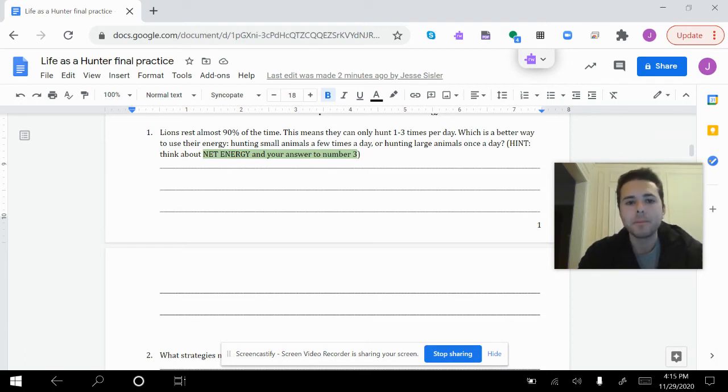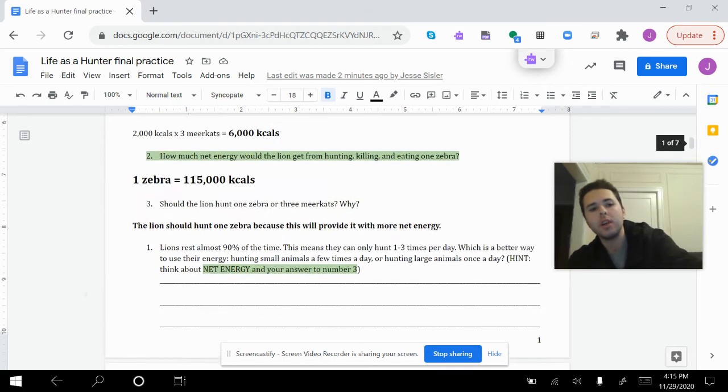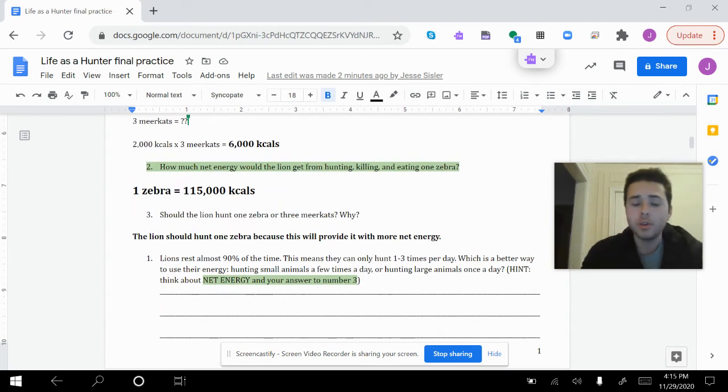Because remember, from our previous problem, and that's the hint, the lion can hunt 3 meerkats, and if it's successful each time, it's only going to gain 6,000 kcals per day, and then it'll be done. It's just not going to have enough time in the day to hunt more.